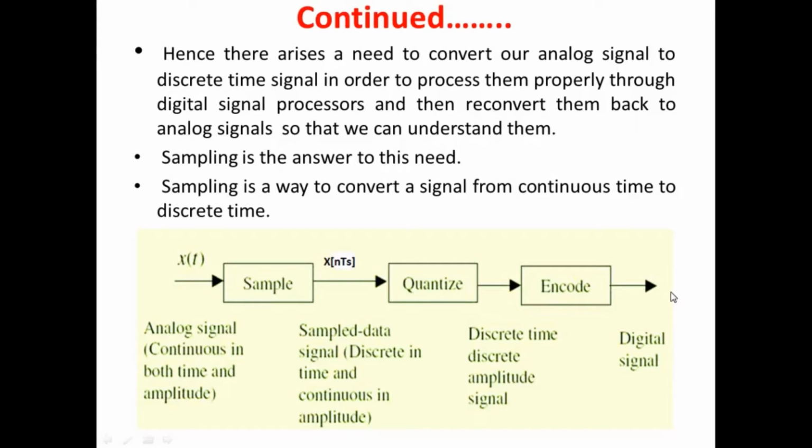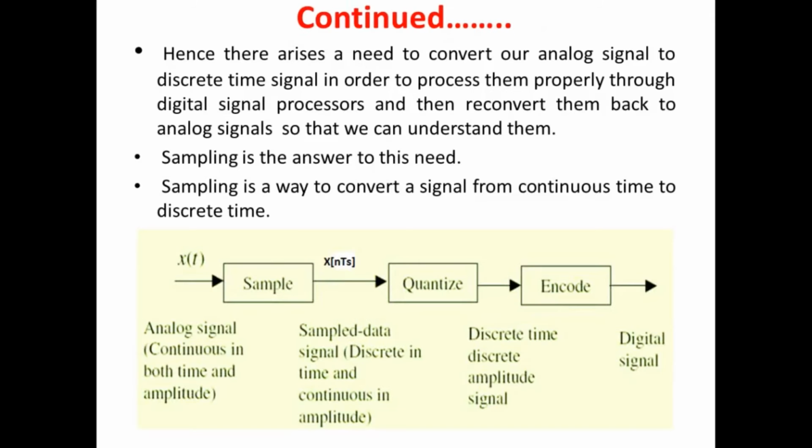So again at the receiver side we have to convert this digital signal back to an analog signal. This sampling process has to obey the sampling theorem. If it does not, we cannot retrieve the analog signal that we sent at the sending end at the receiver side.